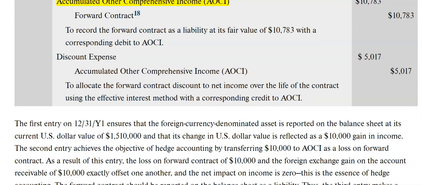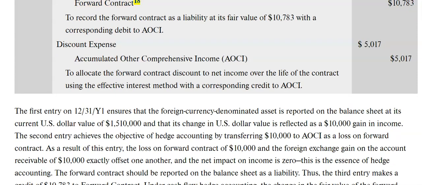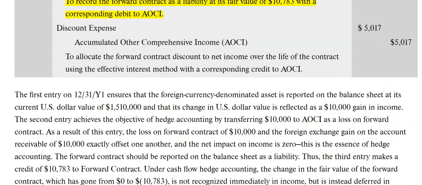Accumulated other comprehensive income, AOCI, $10,783. Forward contract, $10,783. To record the forward contract as a liability at its fair value of $10,783 with a corresponding debit to AOCI.